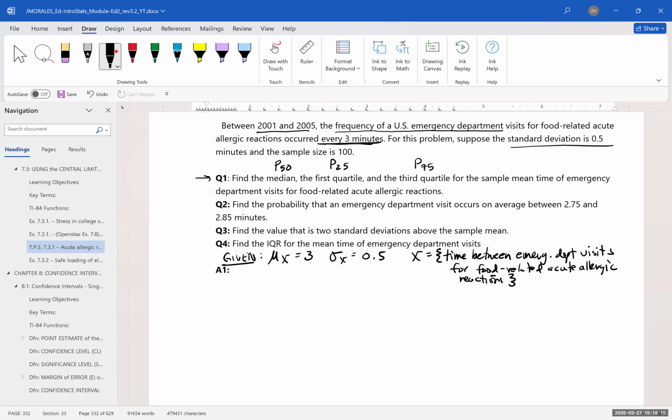The mean time for this population was 3, and the standard deviation was 0.5 minutes.